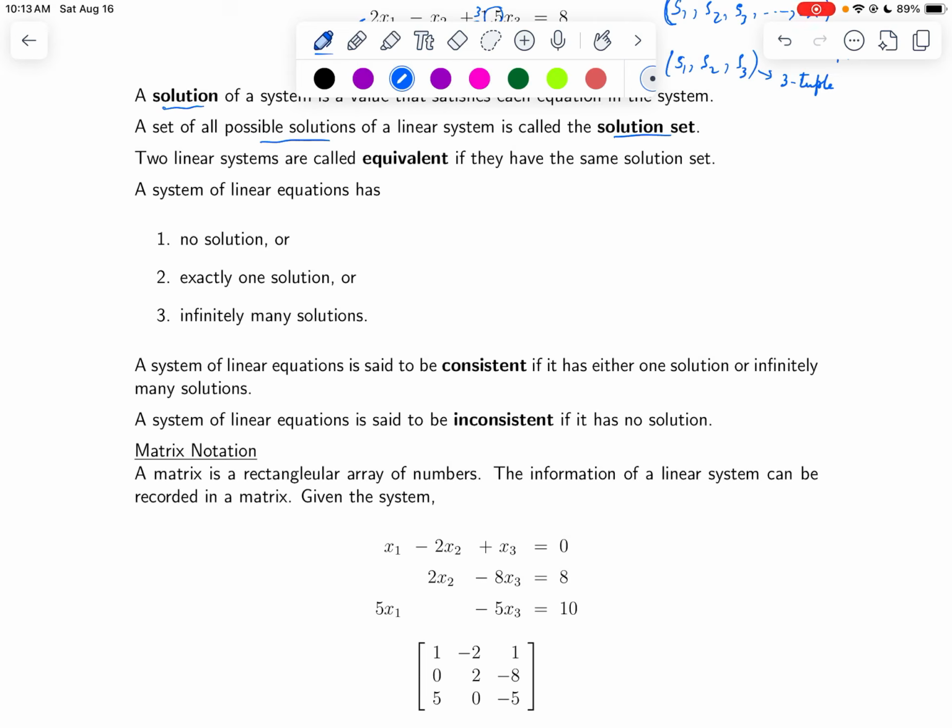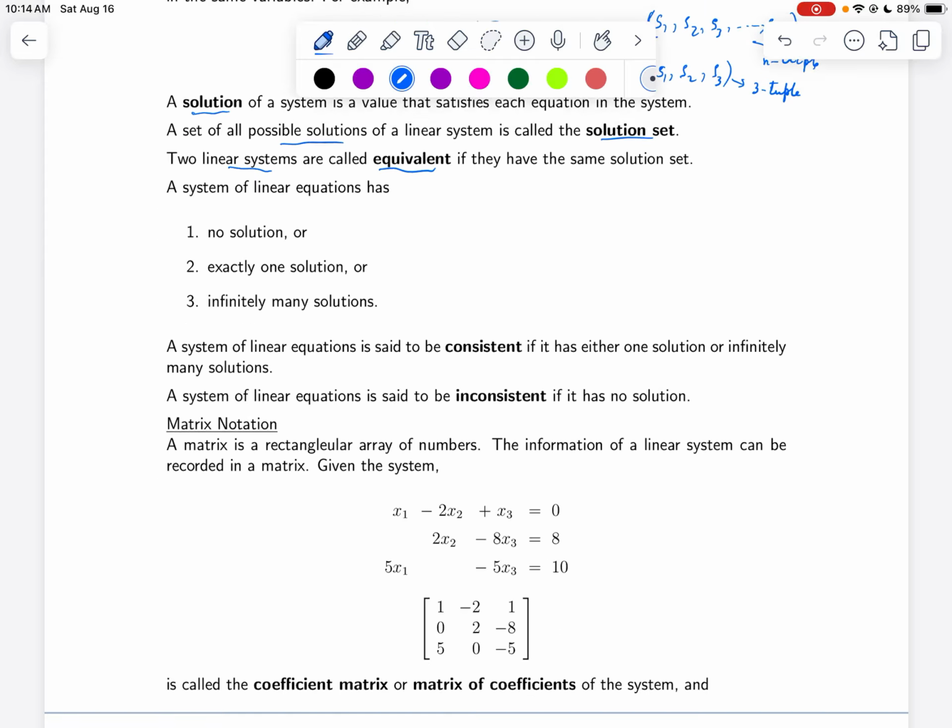Two systems of linear equations are called equivalent if they have the same solution set. So if we have two different looking linear systems, but when we solve them we get the same solution, then we say the systems are equivalent.